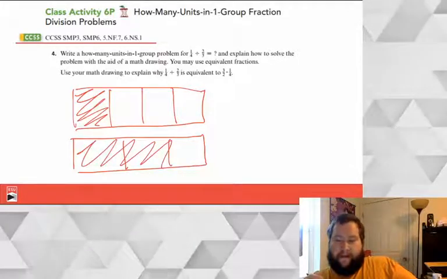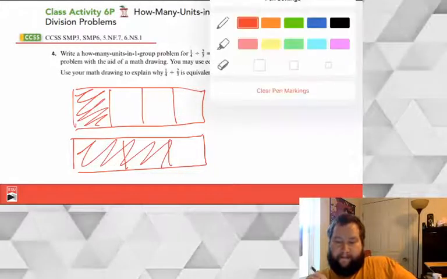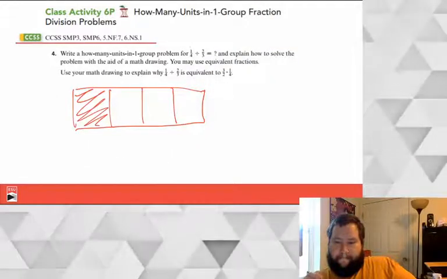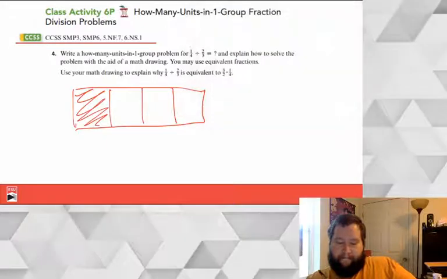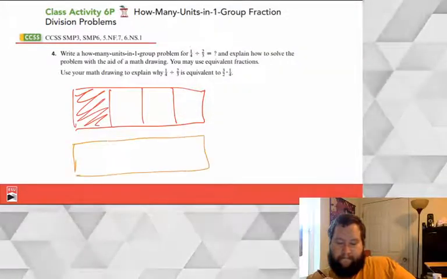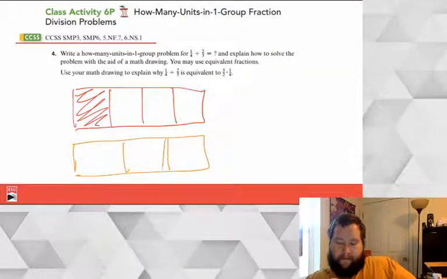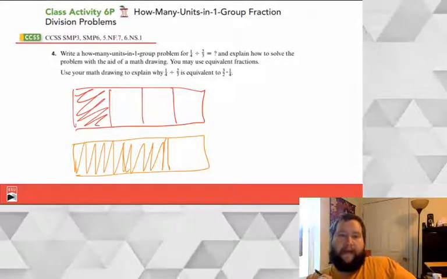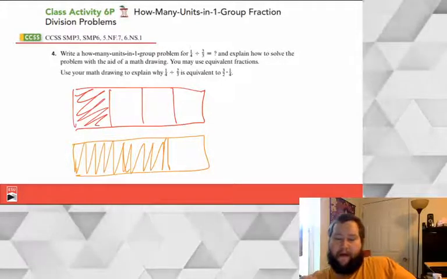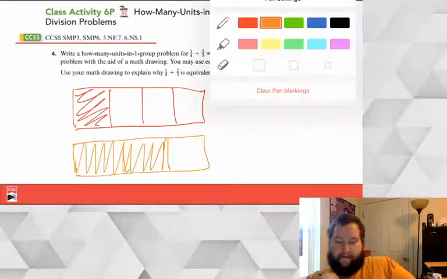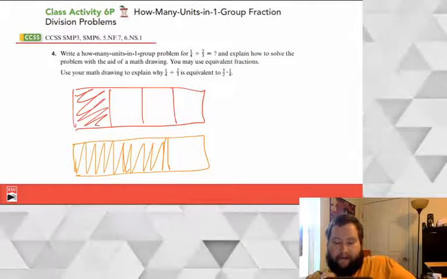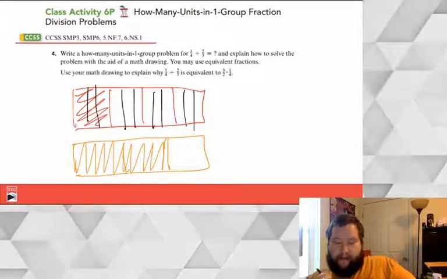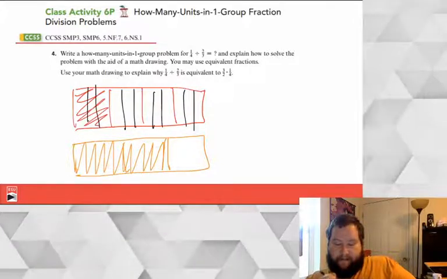And if it's okay, let me go ahead and switch that color. Two-thirds. And now let's go ahead and get a common denominator. Our common denominator is 12. So each of these gets split into thirds. And each of these gets split into quarters.